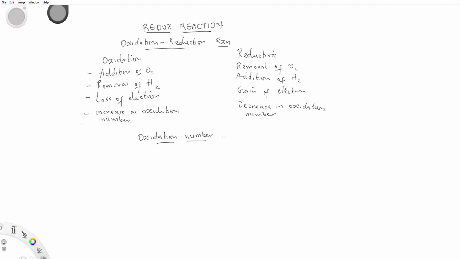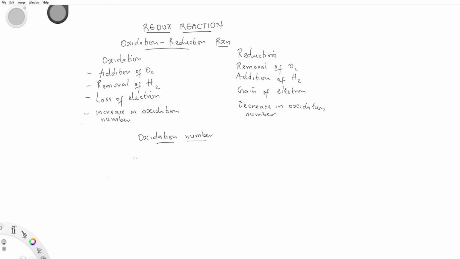It tells the charge that it carries with a specific number, which is usually arbitrary. It's a rule, let me put it that way. It's just a rule based on some things. So you just need to understand it. And the simplest way of getting the oxidation number of an atom or an element is through its atomic number. So let me just pick a few and explain.